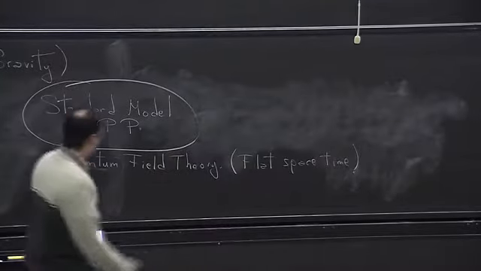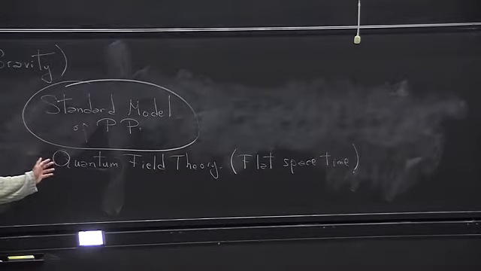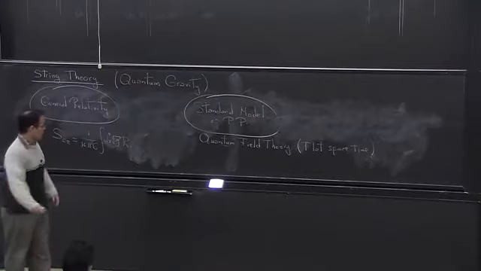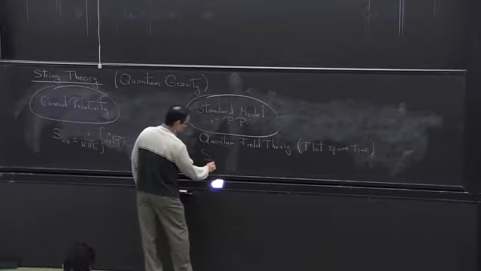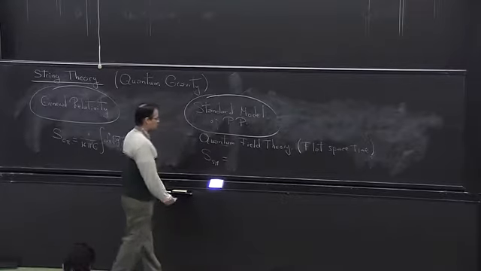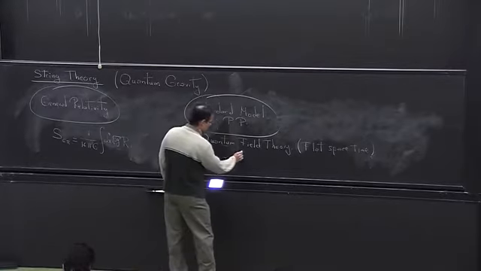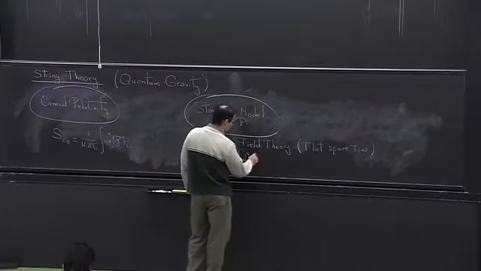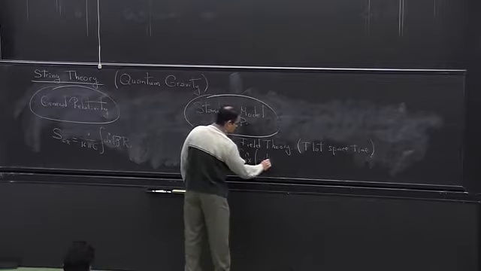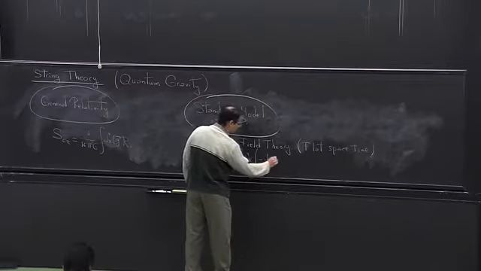Okay? So what we're learning here is that quantum field theories are a very, very good description of nature. So how do we describe it? Well, the standard model is a quantum field theory, so it has an action. And it has tons of things like this.